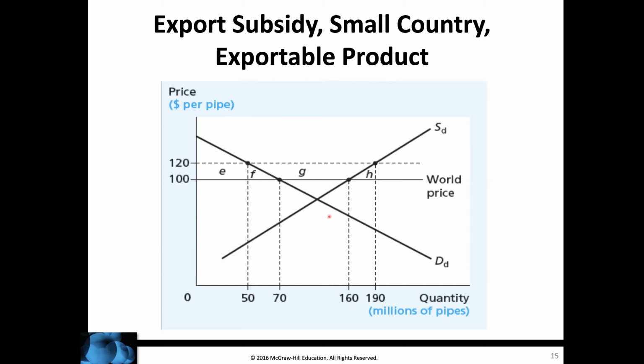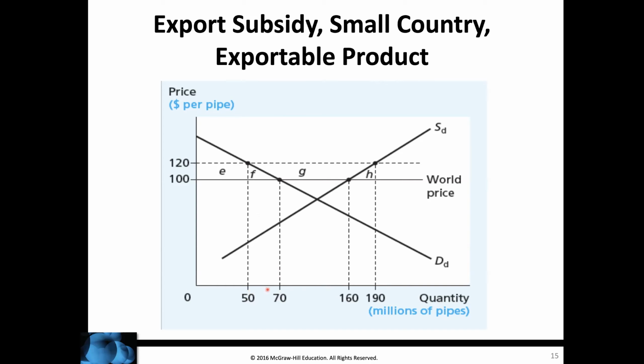So now we have a new exportable amount from 190 to 50, which is going from previously exporting 90 million pipes, now 140 million pipes. And so our domestic consumption drops from 70 to 50, and the country exports the difference here, as we mentioned.